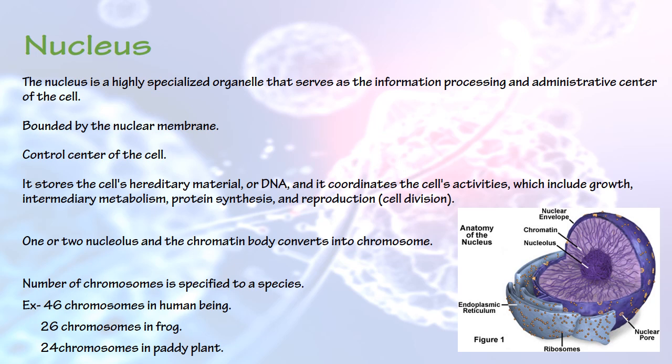Frog has 26 chromosomes. Paddy plant has 24 chromosomes. So children, you have to know that the number of chromosomes varies between species. Remember the number of human chromosomes. Others are not important for GCE O levels.